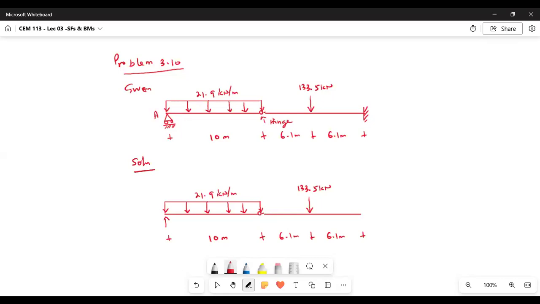So this is A, B. Let's call this place C and call this D. This side is the hinge, and this is C. This is D. This side is the fixed end.